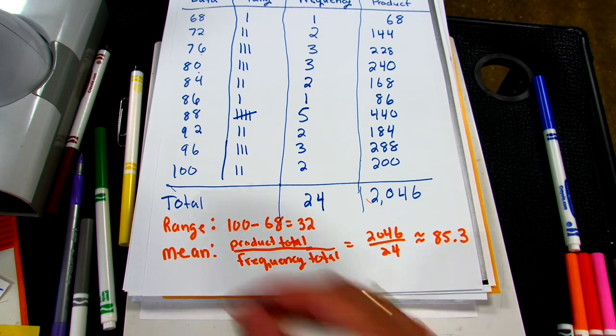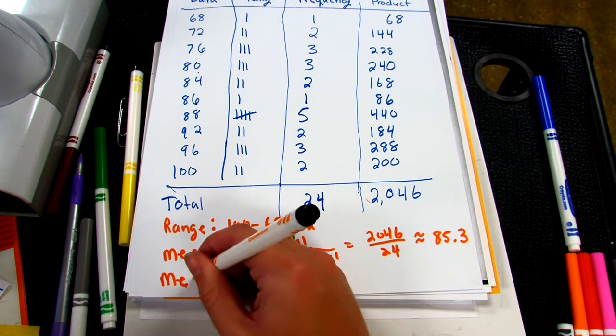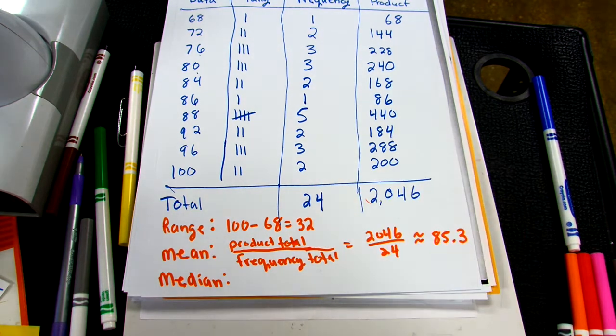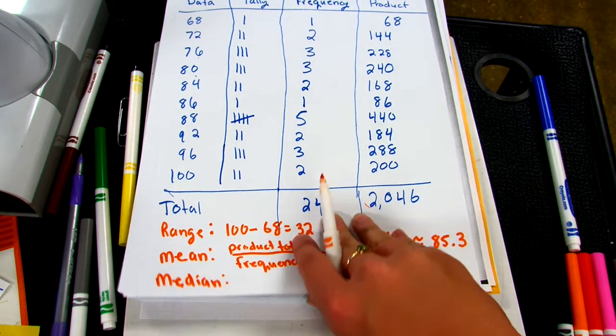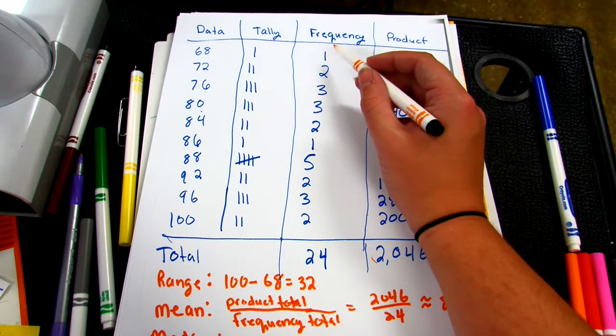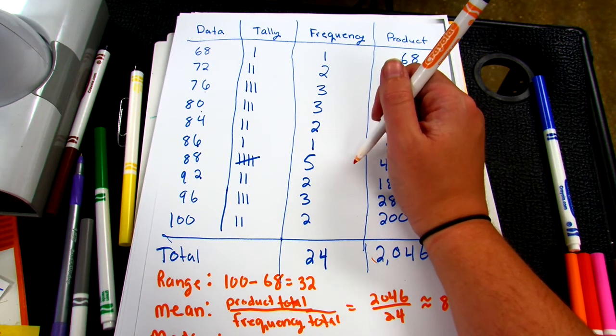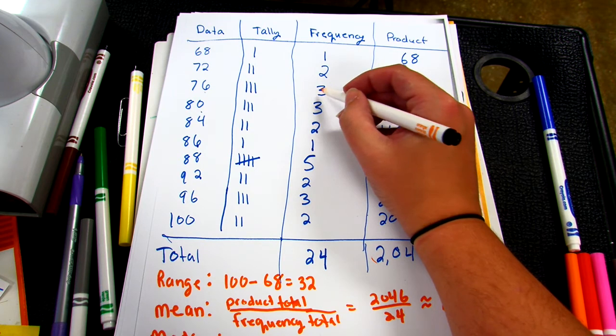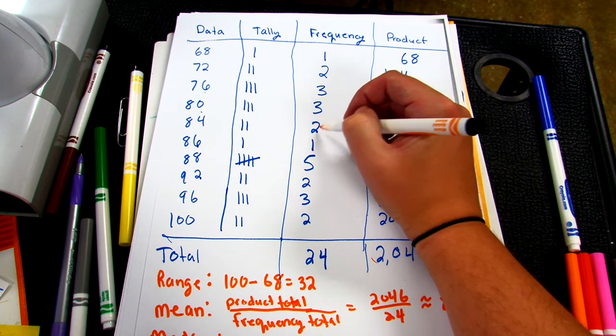So for our median, remember this is an even number of data, so we're going to take the halfway, right? It's 24, so half of 24 is 12, right? So we need the 12th score and the 13th score. So this is where you go up here and figure out what is the 12th score, okay? So 1, 2, 3, 4, 5, 6, 7, 8, 9, 10, 11, 12.